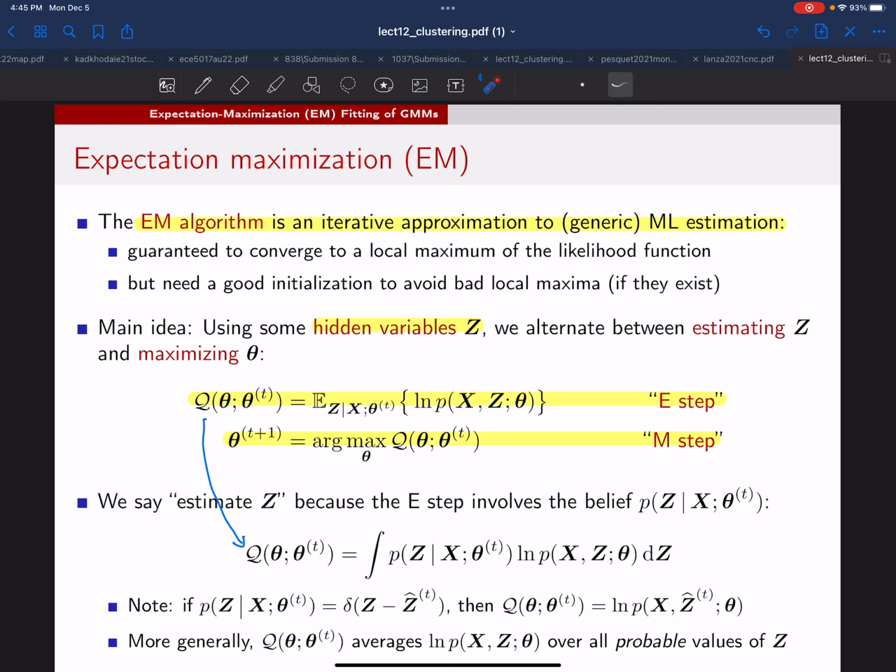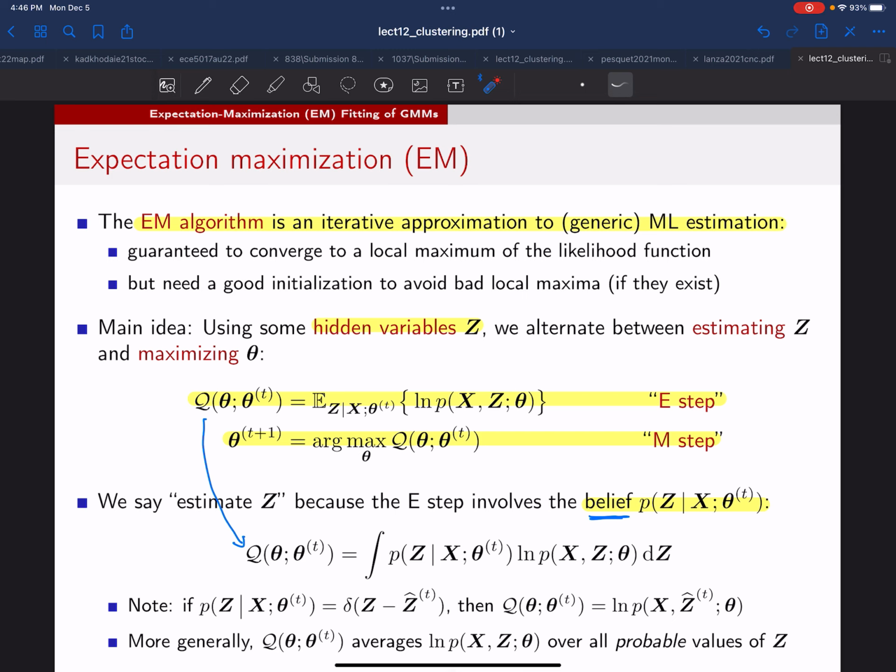So the way we think about this probability of z is as a belief. It's a belief on the hidden parameters. In particular, we're expressing it not as just a single vector z, but like you could say a posterior distribution.